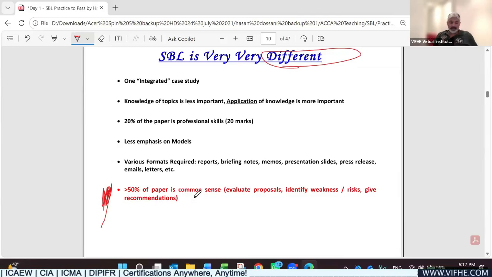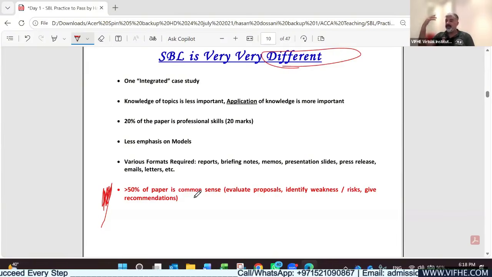What is the meaning of common sense? You don't require theoretical knowledge or syllabus knowledge or any model. You just read the exhibit and think logically. A common sense question means that you have to think logically and no theoretical concept is required.